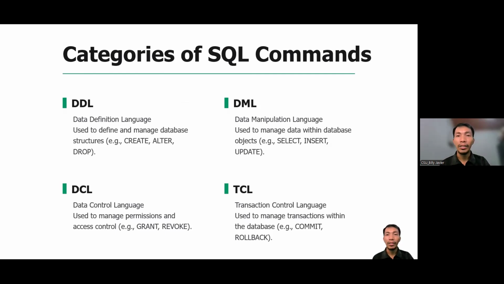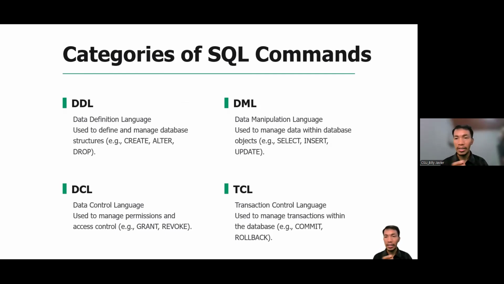The data control language, or DCL, on the other hand, manages security and user access. And finally, the TCL, or transaction control language, ensures data integrity during actual operations. For this session, we'll focus on DDL and DML as they form the core of daily database interactions.